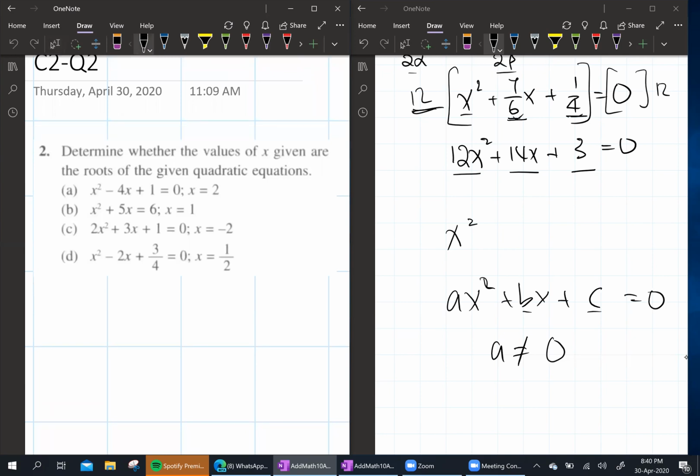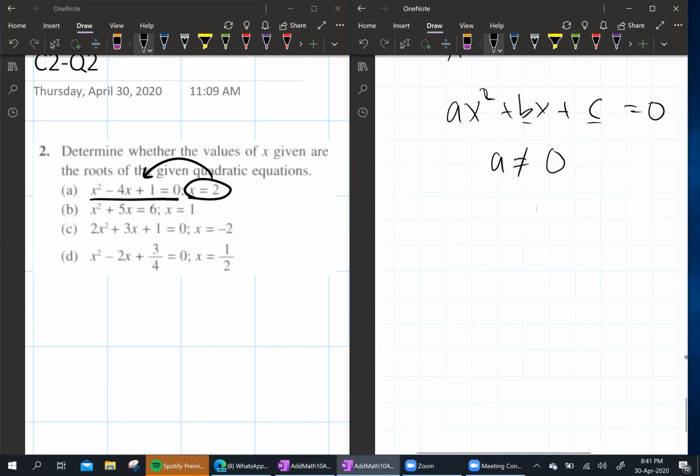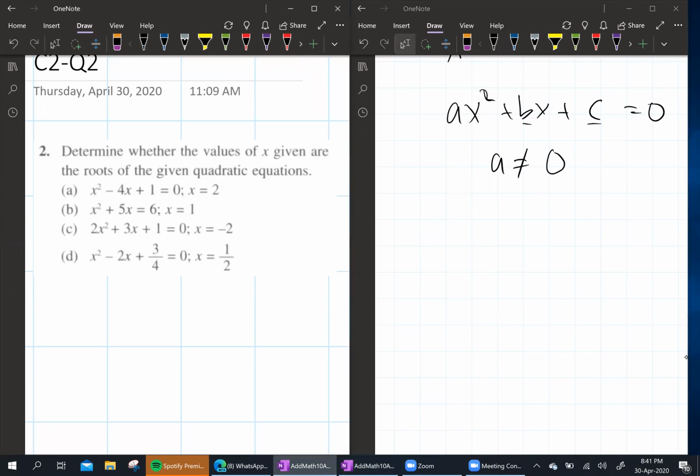Determine whether x equals to the root of this equation or not. Understand the question? You want to find out whether x equals to 2 is a root of this equation or not.